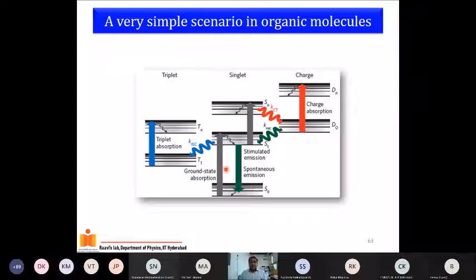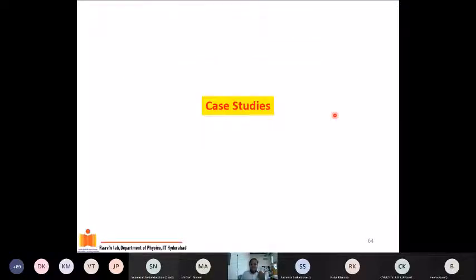By losing its electron, it becomes an oxidized species. Now it's a charged molecule. This charged molecule would have its own absorption, and this absorption is what you see as a photoinduced absorption of that charged molecule. So if I can identify this charged molecule, or the signature of this charged species, I can follow its time scale and find out how the charges are generated and how the charges are dying down with time.